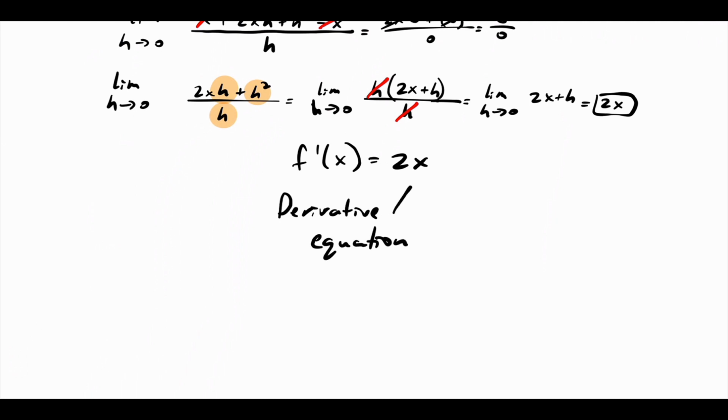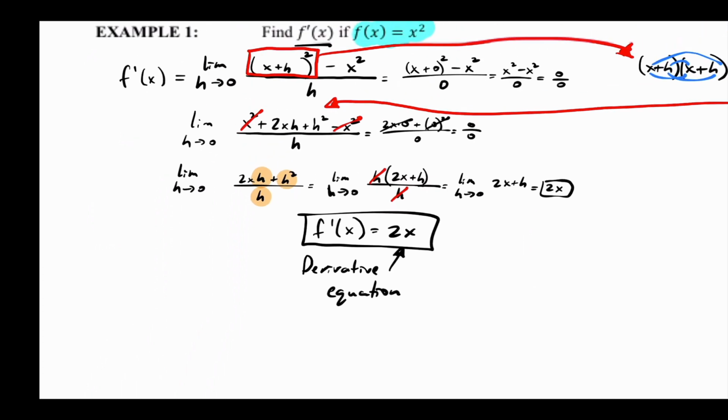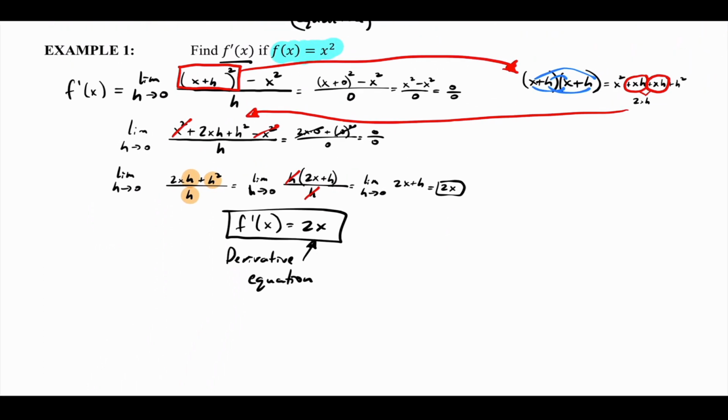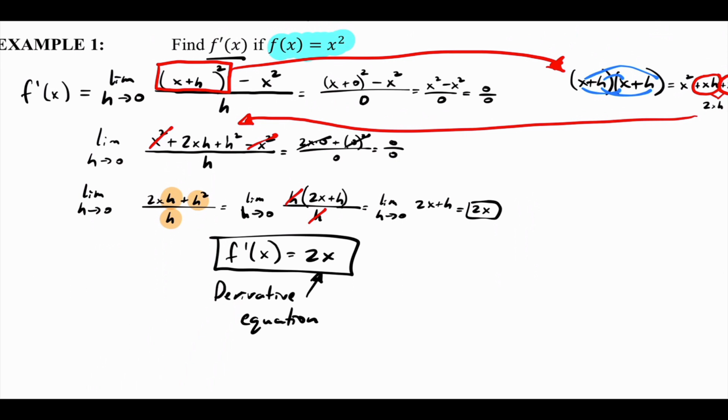It's the tool that'll help me find the derivative. They didn't ask me to plug in any numbers. They just said find the derivative, find f of x, find f prime of x. So I'm done for this one. I am done. The derivative of x squared is 2x.